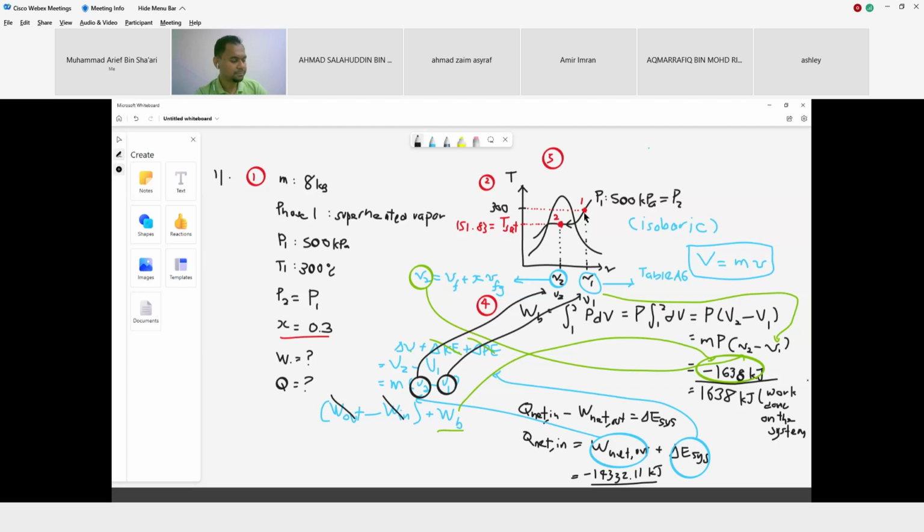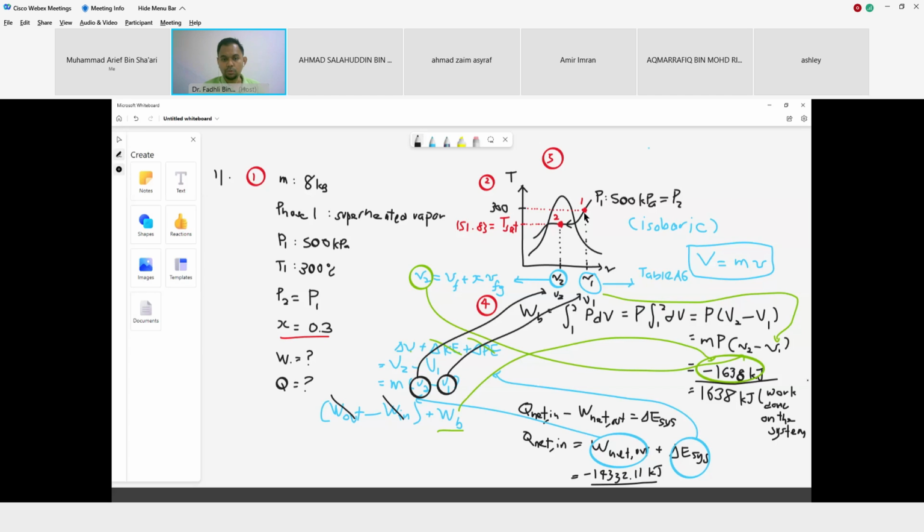Okay, ada soalan? Apa-apa soalan yang ingin ditanya? Saya ulang sekali lagi, untuk dapatkan internal energy 2 dan juga internal energy 1, use the same method as what you did for specific volume 2, V2 and specific volume 1.